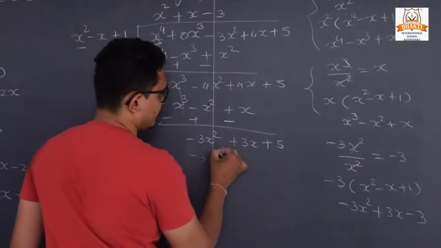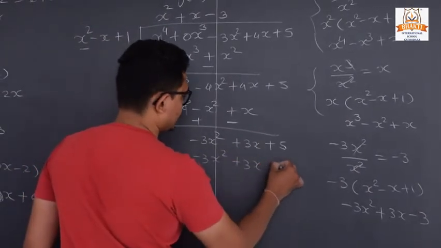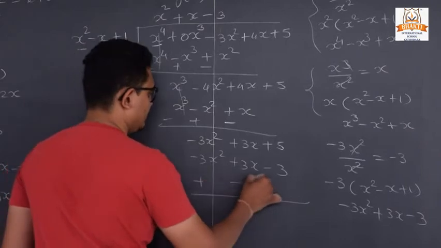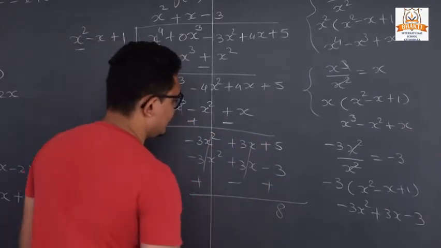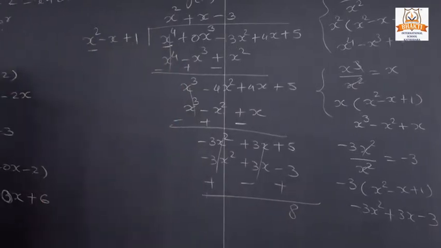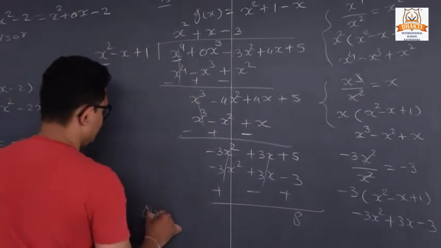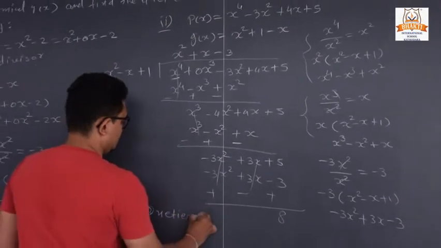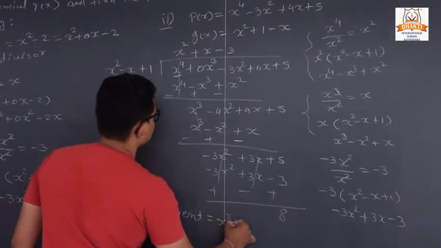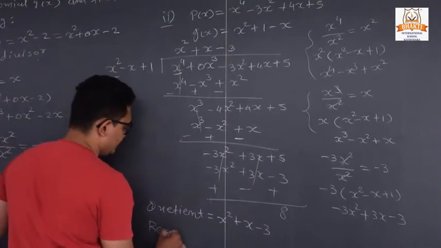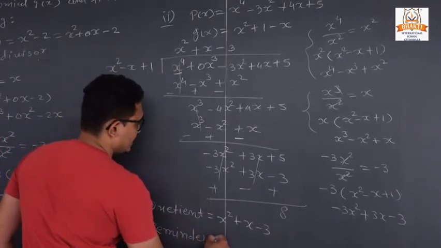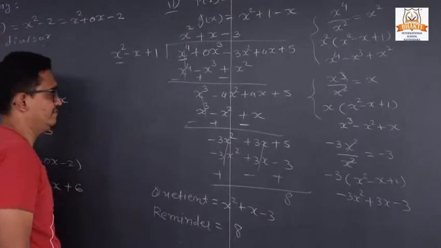So minus 3x square plus 3x minus 3. Sign will be changed. Cut. So 5 plus 3. So 8 is our remainder. So now we can write what is our quotient. Quotient is equal to x square plus x minus 3. And what is our remainder? Remainder is equal to 8.